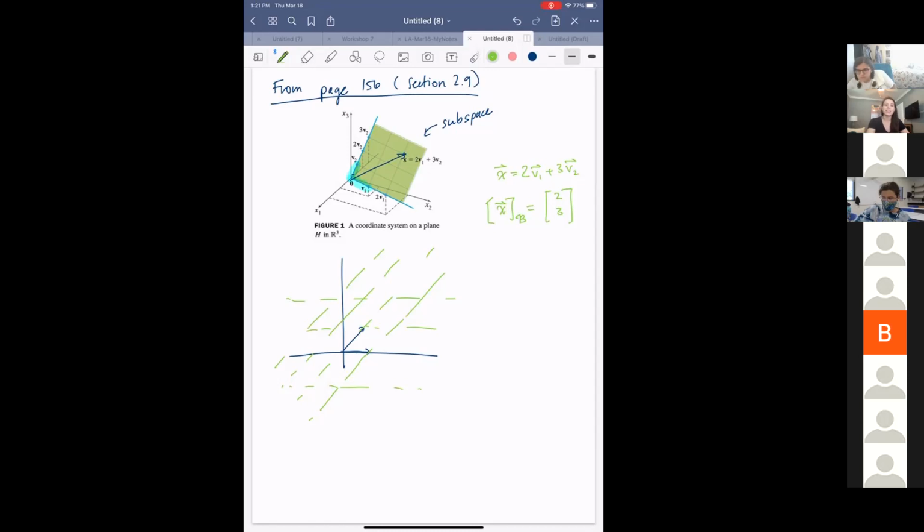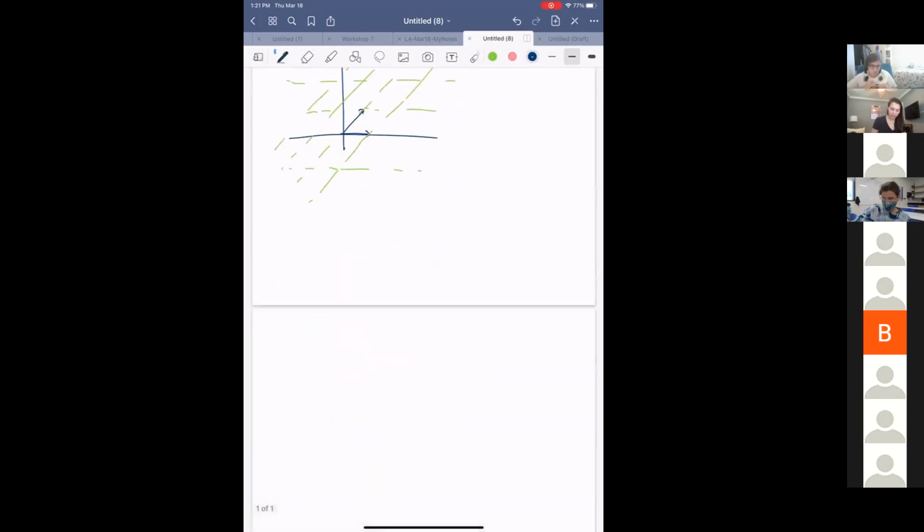Yeah, exactly. And so remember we talked about this example with R2 where one basis was just the standard basis, 0, 1 and 1, 0. And so these give you your standard coordinates, right? So you can imagine your grid looks like this.